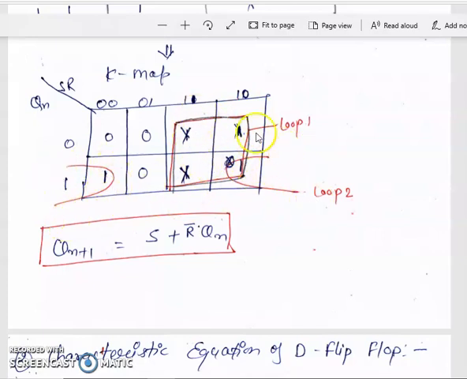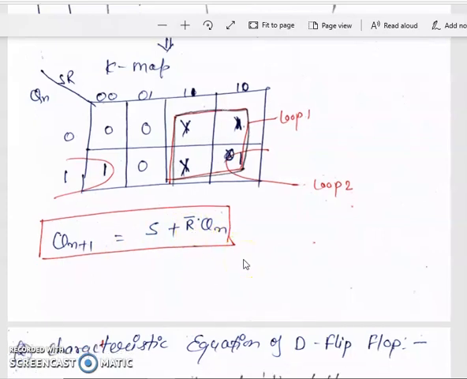For this quad, what is the output? Output is S, and for this pair, the output is R bar and Qn. So Qn plus 1, that is the next state or output of our flip-flop, is the characteristic equation of the flip-flop. It is S plus R bar Qn, right?